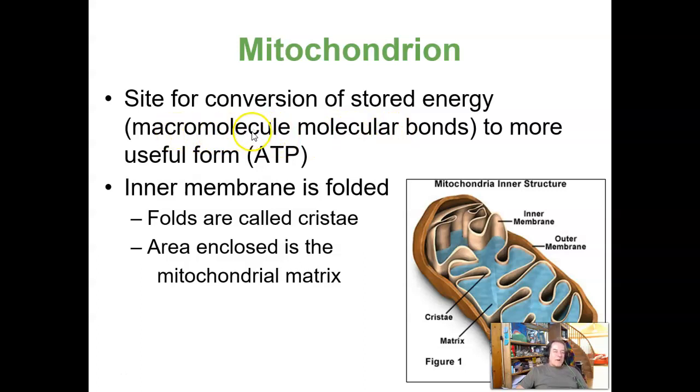And we start breaking apart, not the macromolecule chains, but the individual monomers. We start breaking the covalent bonds making up those monomers. So we take glucose and break it apart and back down into carbon, hydrogen, and oxygen, and we use the energy of those molecular bonds to reform ATP. We store energy in the form of ATP, and that's what a mitochondrion does.